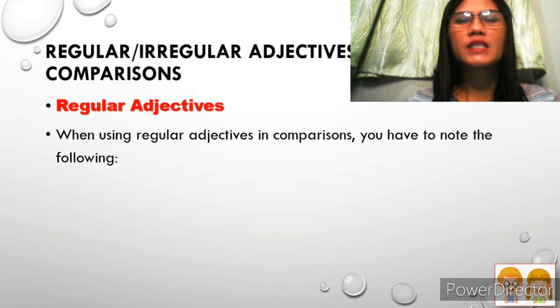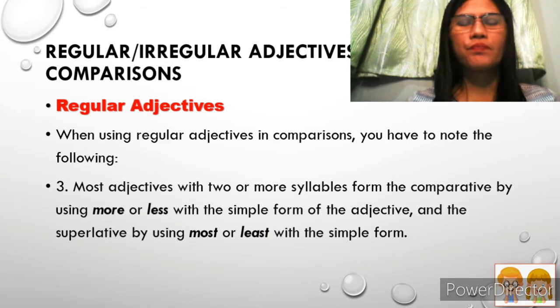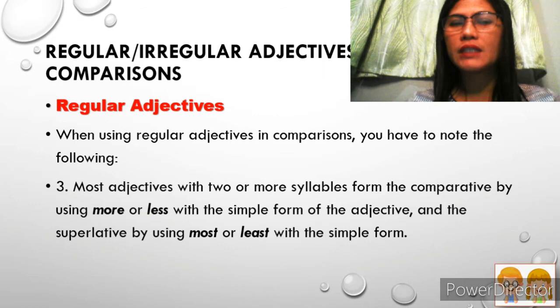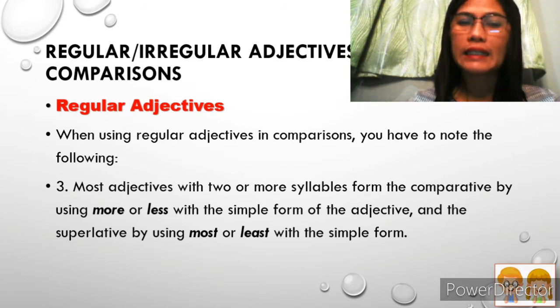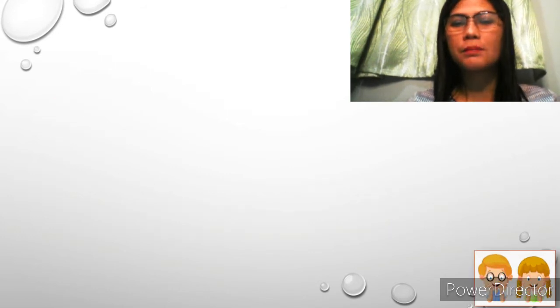For regular adjectives, rule number 3. Most adjectives with two or more syllables, I emphasize, form the comparative by using more or less with the simple form of the adjective, and the superlative by using most or least with the simple form.